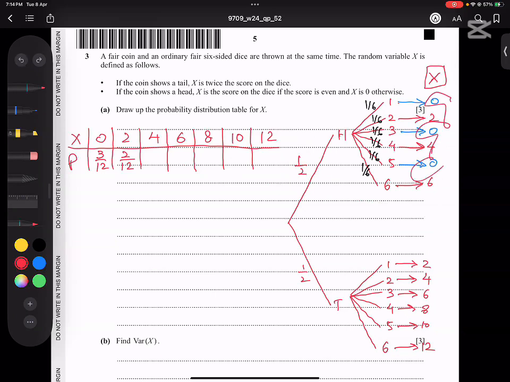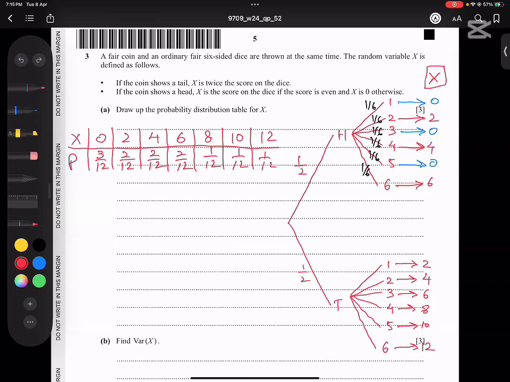Zeros coming 3 times, so 3 by 12. 4 coming 2 times, so 2 by 12. 6 coming 1 up, 1 down, so 2 by 12. 8 comes 1 time only, so 1 over 12. 10 comes 1 time only, so 1 over 12. And 12 comes 1 over 12. Count: 3 plus 2 is 5, plus 2 is 7, plus 2 is 9, 10, 11, 12.